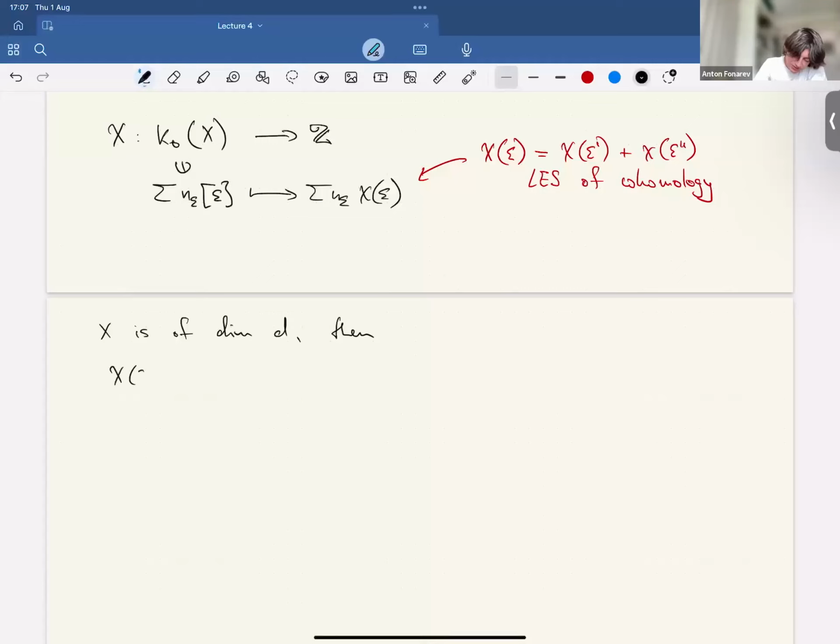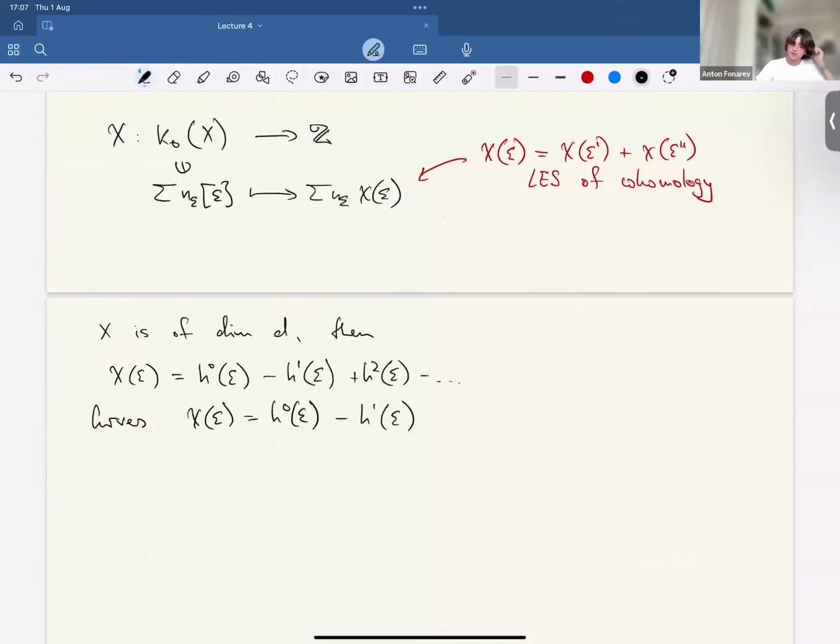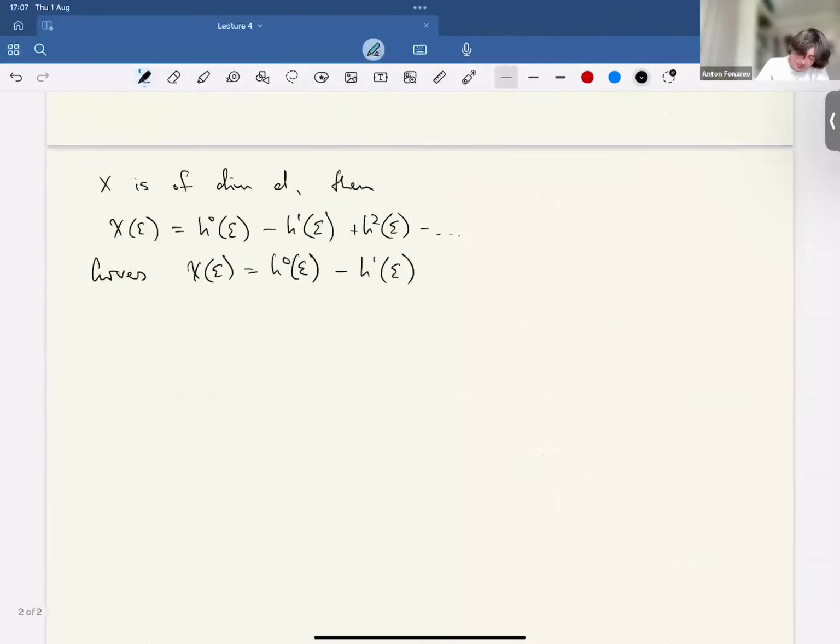So for instance, chi of E equals, well, I introduced the notation last time, h^0 of E minus h^1 of E plus h^2 of E minus etc. So for curves, what we get is chi of E equals simply h^0 of E, which is the global sections, minus this first cohomology. All right, so for surfaces, we have three terms.